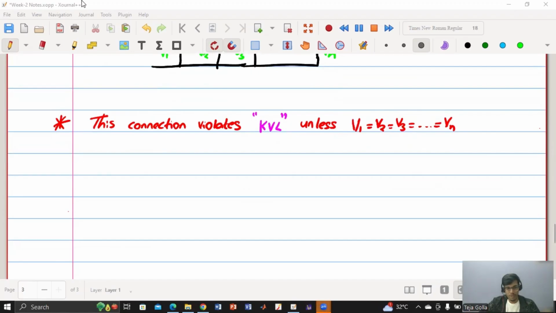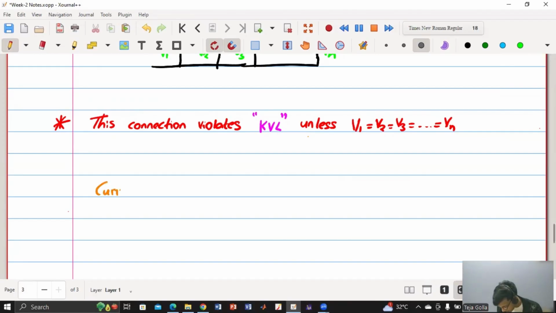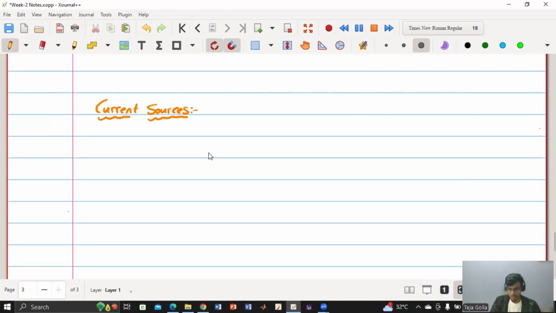Thank you, sir. Okay, so now we'll move on to the current sources. If current sources are connected in parallel, can you tell me what will be the I effective? In the case of series connection, it is the voltage effective. Now in the case of parallel connection, it will be the I effective. I1, I2, I3 and so on up to IN, and we need I effective.